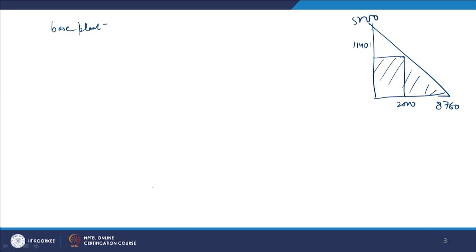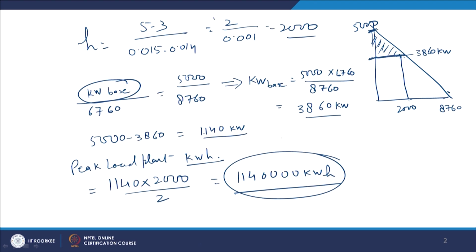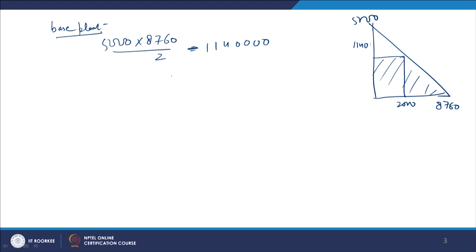So, the area of the bigger triangle is going to be 5000 multiplied by 8760 divided by 2, and it is going to be 114 minus the previous one, for the base plant, right, and this will give us 2076 kilowatt hour. Now, we know the output of both the plants, right.